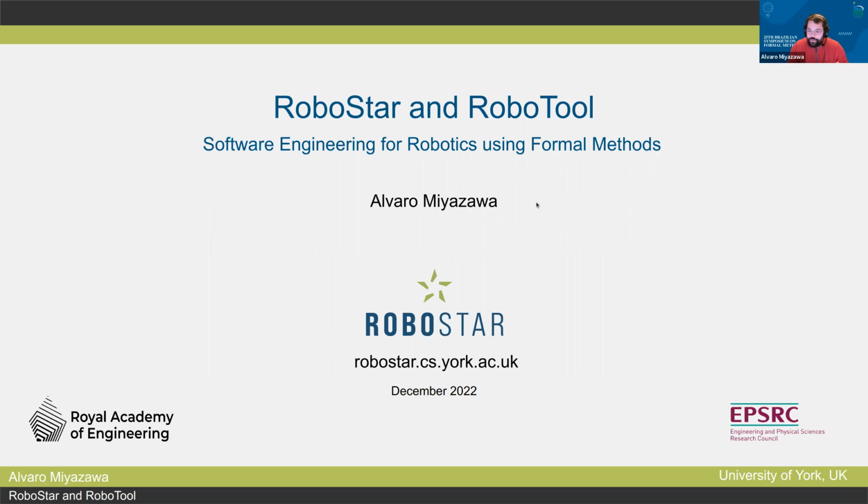I also wanted to mention that the group expands beyond the University of York. We're working with people in Brazil, in Europe, in China, all over the world. So this is not all my work, it's the work of all of the collaborators.